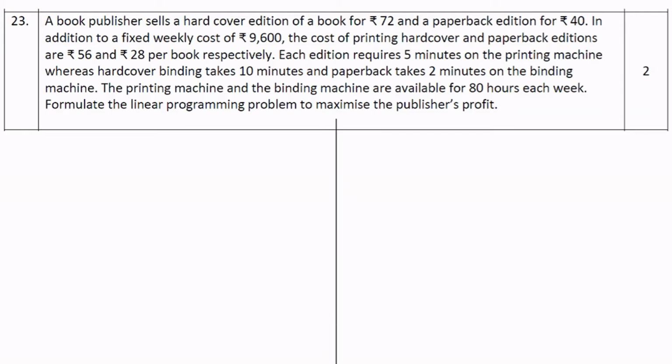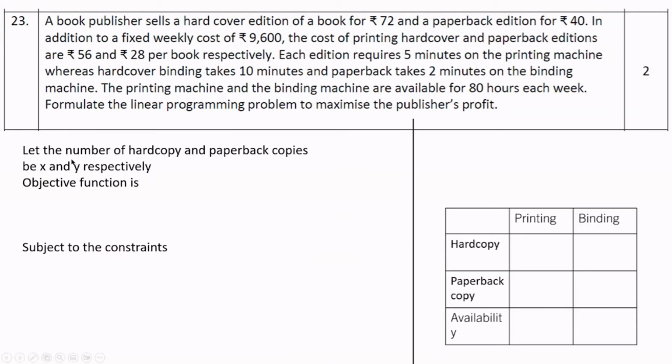So first we have to write the objective function. So let the number of hardcover and paperback copies be X and Y respectively. So we have taken hardcover edition as X and paperback edition as Y. So we have to maximize the profit. Profit is given by revenue minus cost. So here it says he sells hardcover edition for rupees 72 per book.